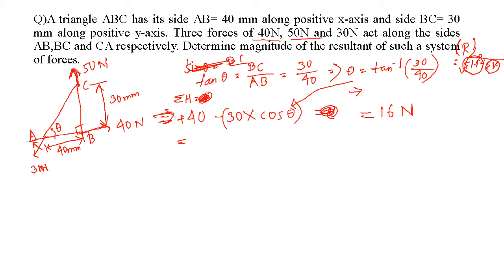Similarly, for summation V, how are we getting? Plus 50, and we are not resolving plus 50 because it is already in the y axis. We will not take this value because it is in the x axis, and this is in the y axis. We are taking only the y axis value, and we are resolving these forces in the y direction.